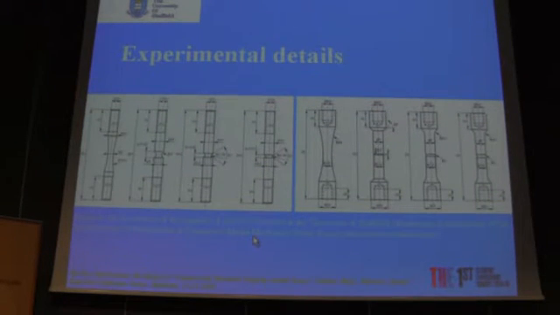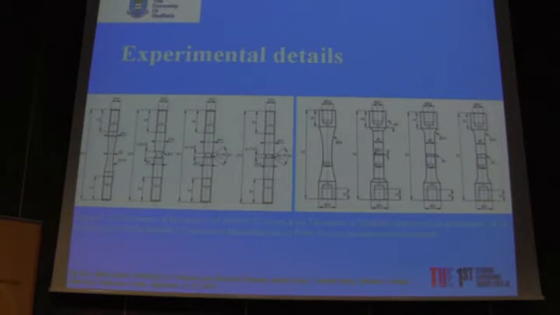In order to check the validity of this reformulation of the TCD, we ran two series of tests. The first test, shown on the left-hand side, was tested at the University of Sheffield using aluminum alloy 6063T5. The KT ranges from 1 to 3, and the loading rate ranges from 0.1 to 1,000.